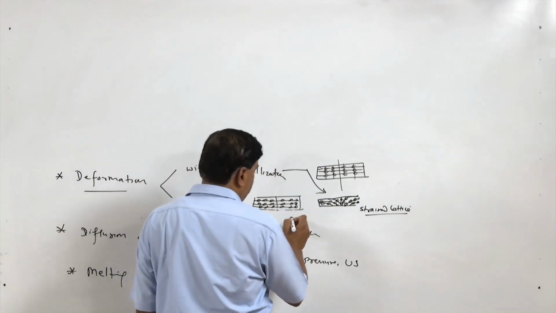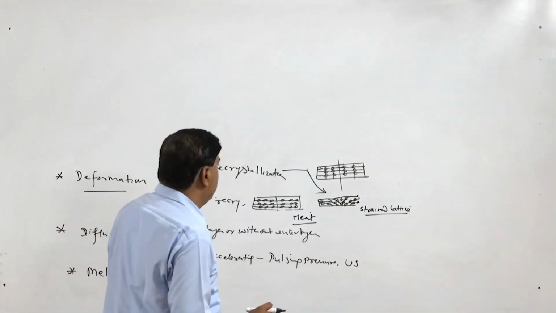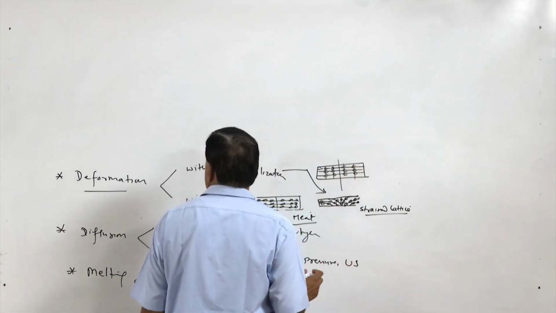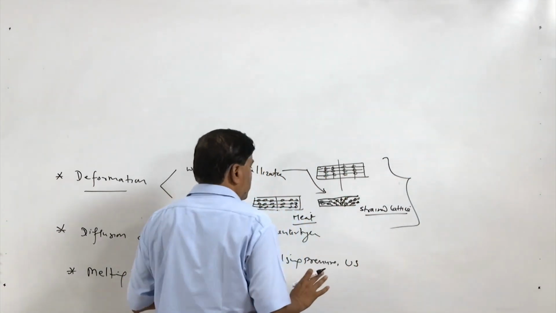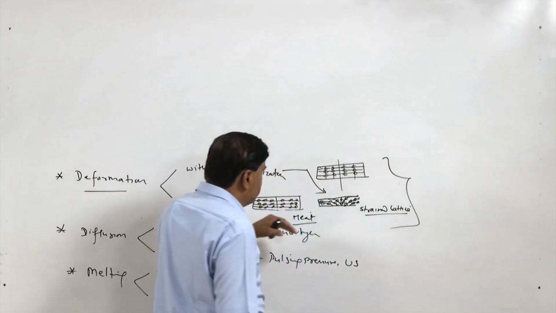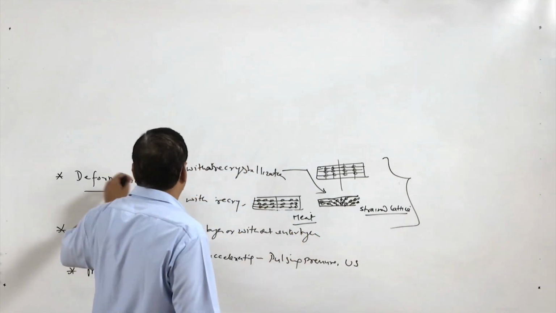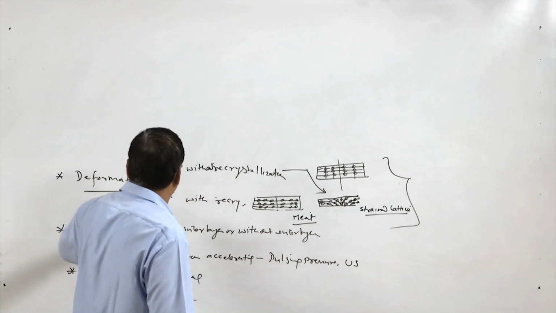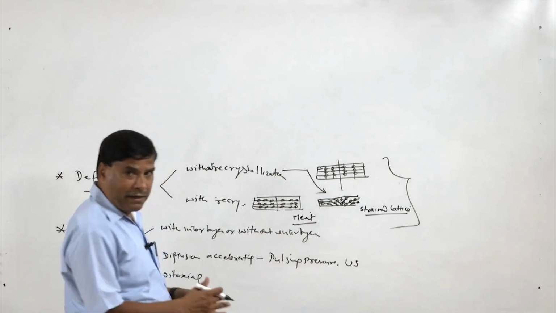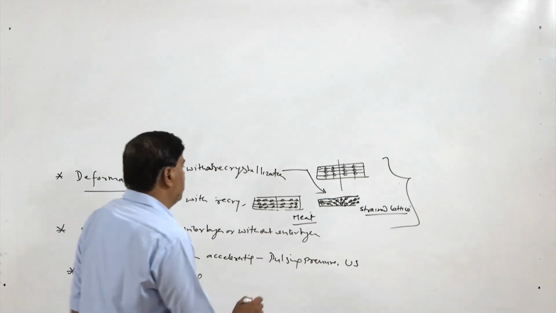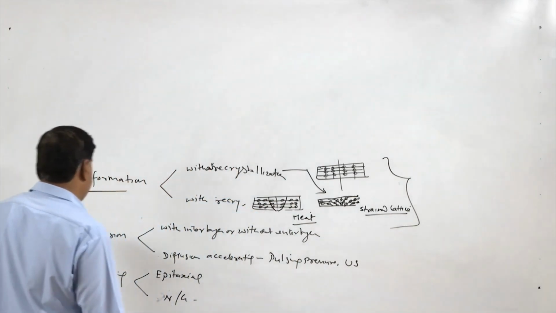So, these are the deformation based joining processes where heat generation is limited, you will see strained lattices and disturbed arrangement of the atoms. Otherwise, when deformation with recrystallization takes place and sufficient heat is generated, the normal arrangement of the atoms is achieved. So, there is a joint, but the arrangement of the atoms has not been disturbed much.